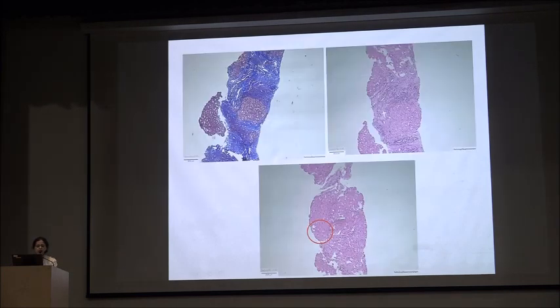So for a case scenario like this, this is a Masson's trichrome stain, and we can very much see this is a case of cirrhosis with micronodules and broad intervening fibrous septa, which are separating the nodules from the rest of the parenchyma. This is the same field in H&E stain, hardly any steatosis over there. Another field in the same biopsy, few steatotic vacuoles, few seen over here and maybe few over here also.